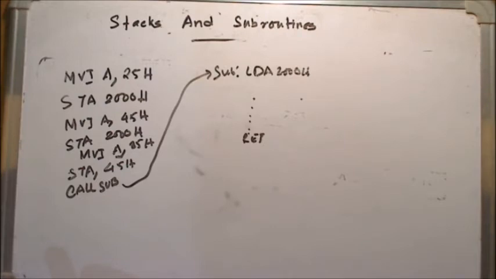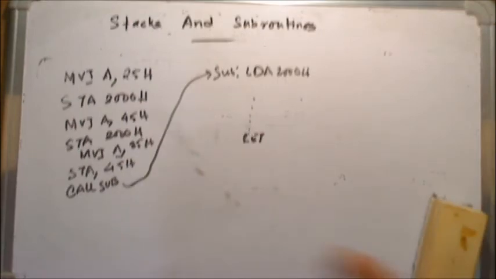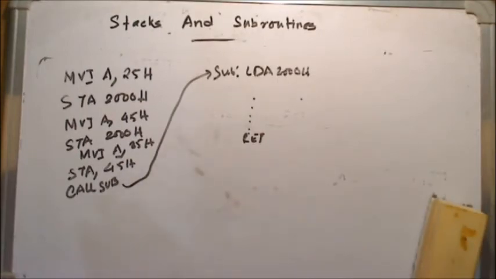So what is the more flexible way? Because this works on a fixed memory location. Okay, so now we will use some more flexible method. I think you have understood this program, this method of passing parameters.